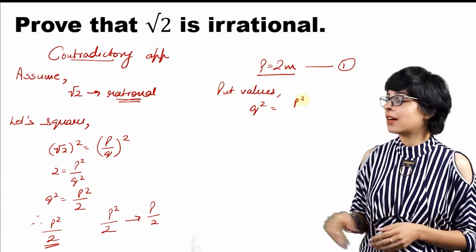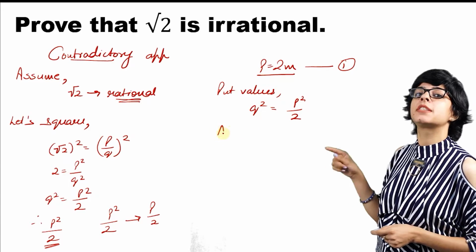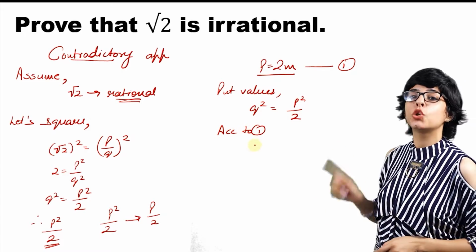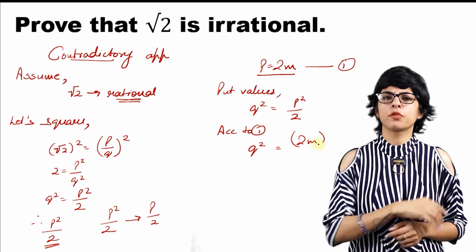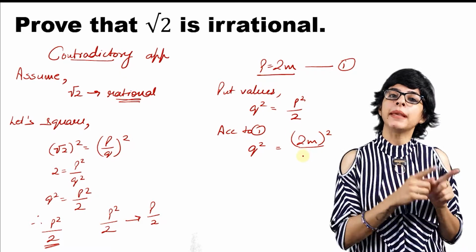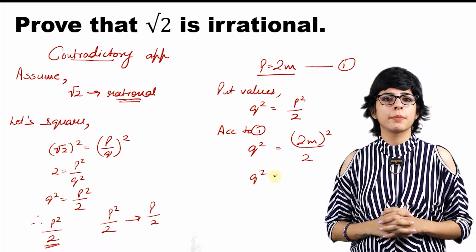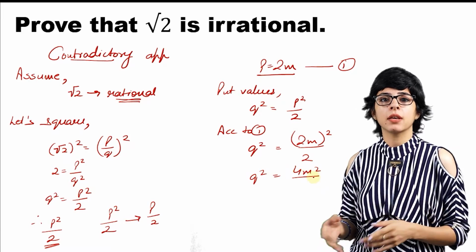And see the magic, again the q square now is divided by 2, which proves that q will also be divided by 2. But if you remember, just before some time we have assumed that p and q both are co-primes, that is the HCF which they are having is 1.